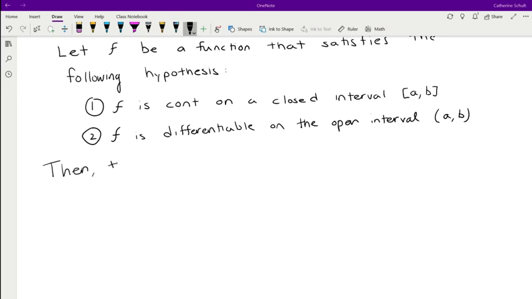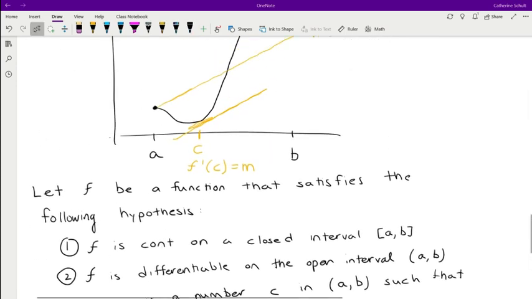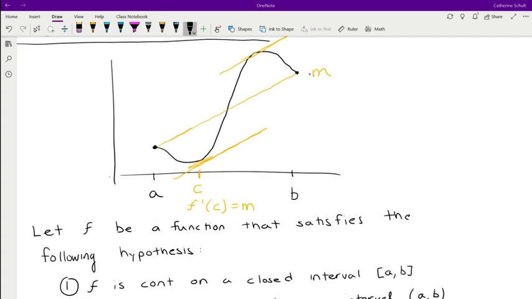There's a number C in that interval such that, okay, f prime of C was equal to, I'm going to go back up to our picture, M right here.